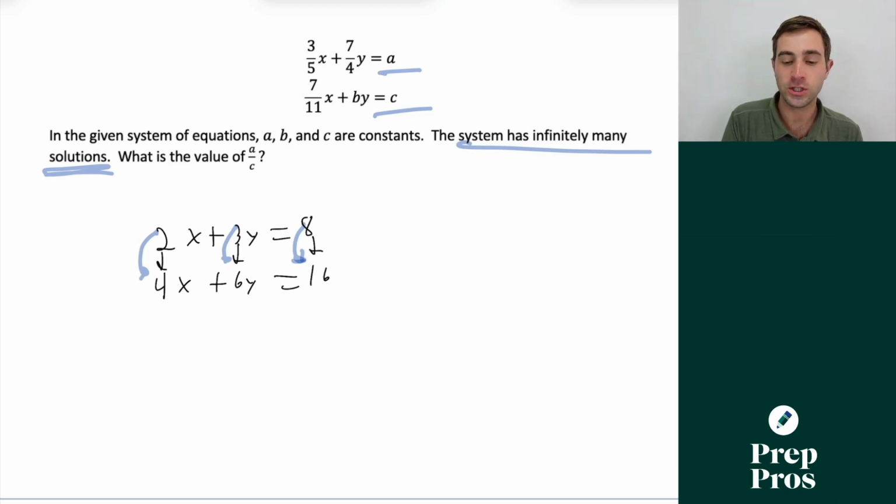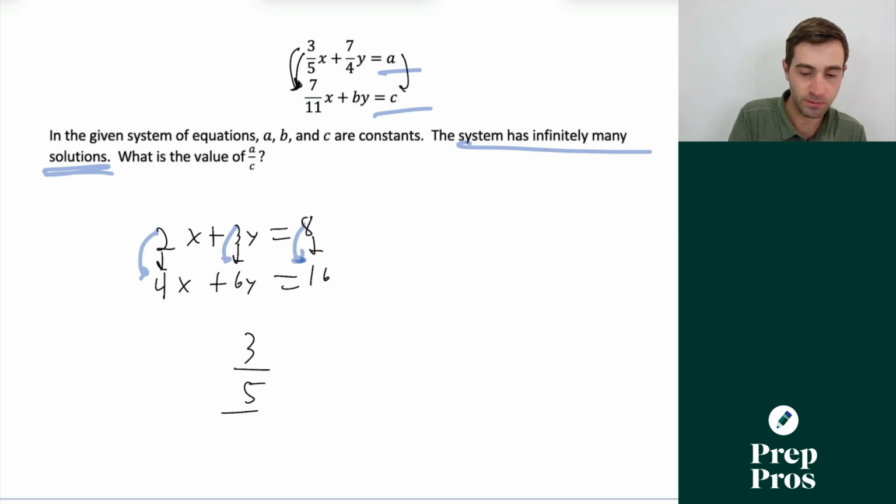So all you actually need if you're looking for infinite solutions is to see one pair of coefficients. If we have our x coefficients, our y coefficients, or our numbers. So essentially what we know here is 3/5 is to 7/11 is a is to c. So although the question feels really tricky, it's actually as simple as doing 3/5 over 7/11 is equal to a over c.